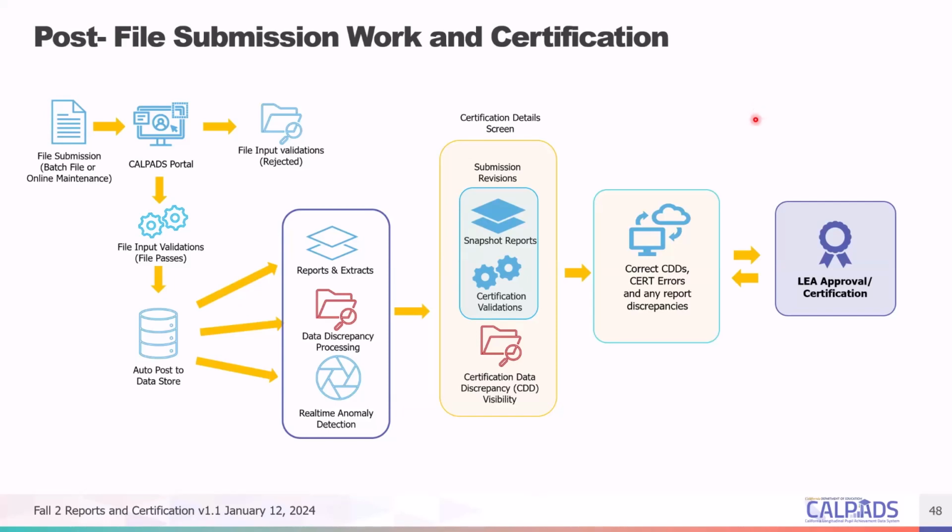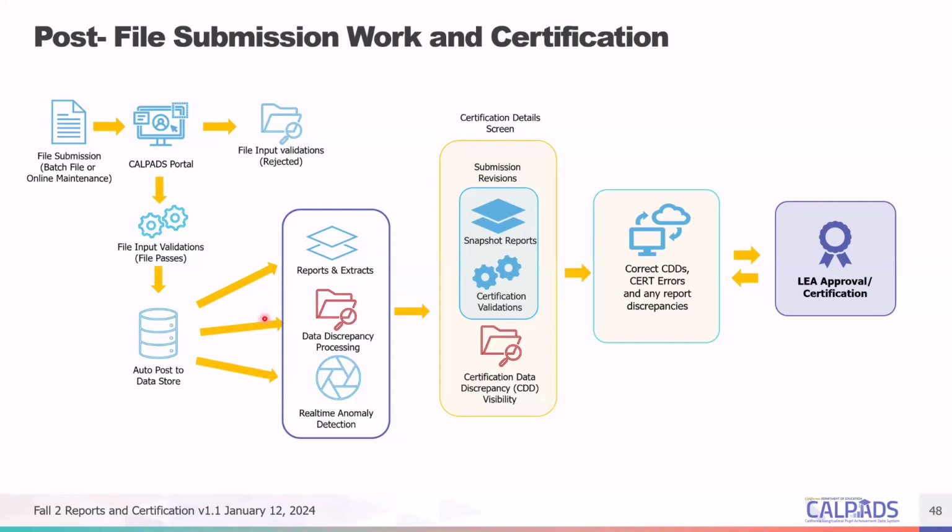So again, you've submitted your files, you've corrected those errors, you've resubmitted your Fall 2 files, and now they are stored in the CalPADS ODS. Once those data are stored in the ODS, the reports are generated. And then, of course, new this year is the identification of some data discrepancy errors.